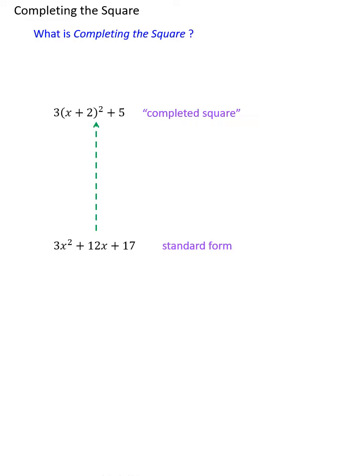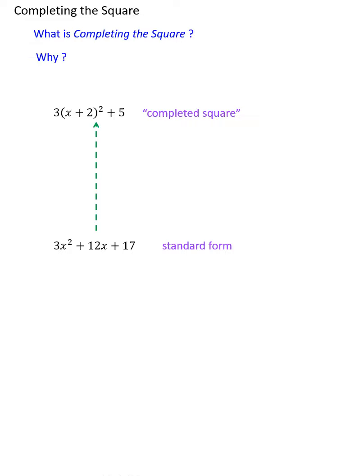This is precisely the opposite of what you just witnessed when we were entertaining the notion of being in a basic algebra class. So what this video is, I haven't showed you yet, but what this video is a means by which you can go from standard form to a completed square form, and that is called the process of completing the square. And that's what we're going to learn now.